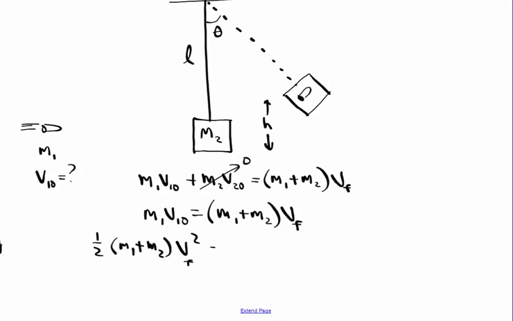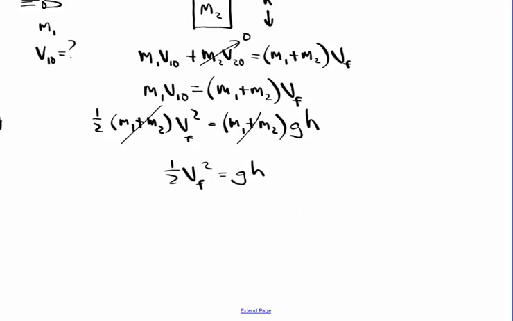Now when they reach their highest point, we're going to have all potential energy. So we'll have that combined mass, which we'll see in a second doesn't really matter, times g h. The reason we can see it doesn't matter is that these guys cancel out. Because this is one of those types of problems where we know the length of the string and the angle instead, if you recall back in previous videos, I said that the height in a situation like this is equal to the length of the string times 1 minus the cosine of the angle.